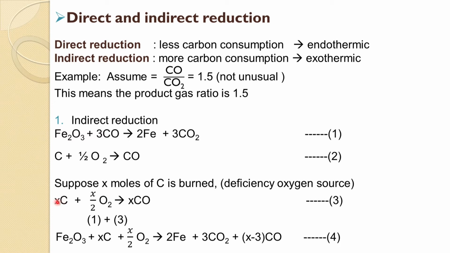So, essentially x mole of carbon reacts with x/2 mole of oxygen giving x mole of CO. If you combine these reactions, you get Fe2O3 plus x/2 O2 equal to 2 Fe plus 3 CO2 plus (x minus 3) CO. Adding them up, this is the total reaction by which you will get the iron.